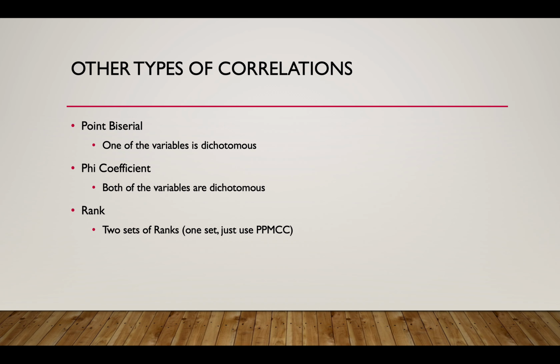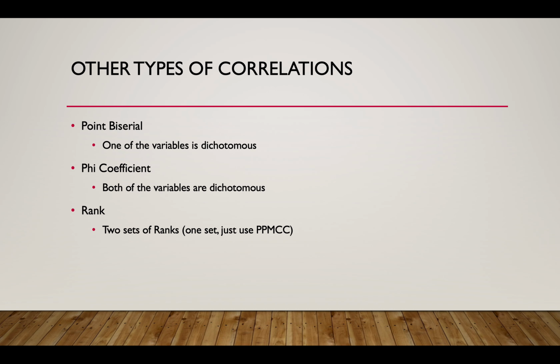We also have the phi coefficient. This is when both of the variables are dichotomous. This allows you to look at correlations when you have a bunch of ones and a bunch of zeros. An alternative way of thinking about the phi coefficient is another way to represent a basic chi-square.